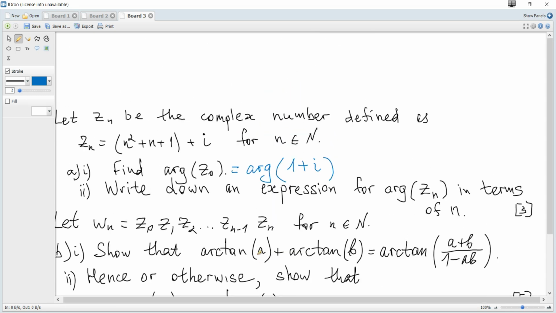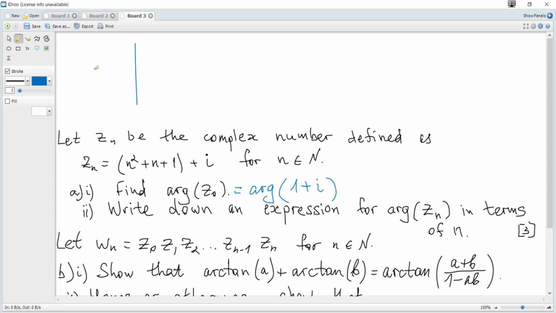How to find the argument? Let's consider this complex number on the Argand diagram, with real part and imaginary part. The number 1 plus i looks like this. The real part is 1 and the imaginary part is also 1, and this distance from the origin is called the modulus of the given complex number.